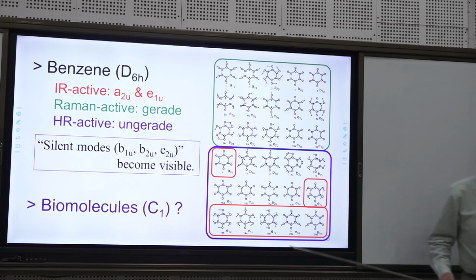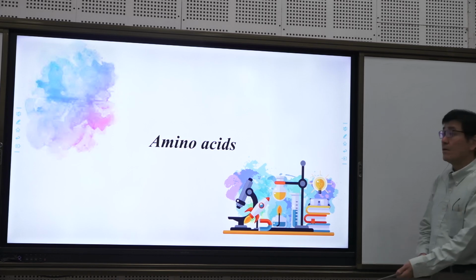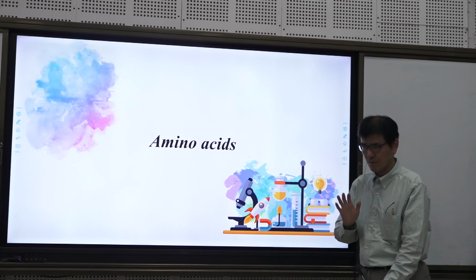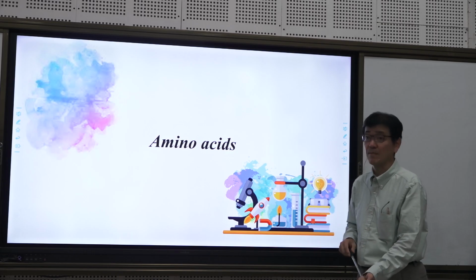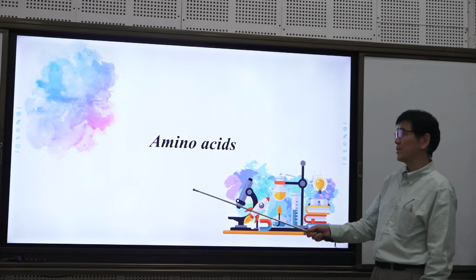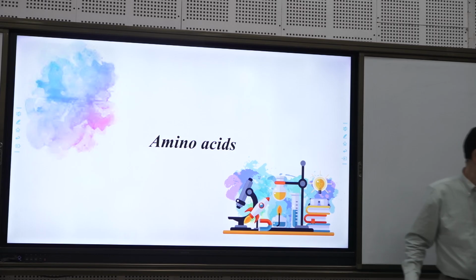This is the purpose, the motivation of my study. So far there has been almost no information about the hyper-Raman spectrum of biomolecules. I started to examine amino acids first of all.